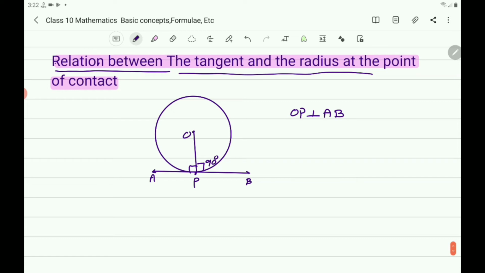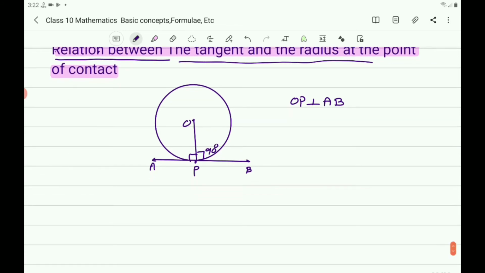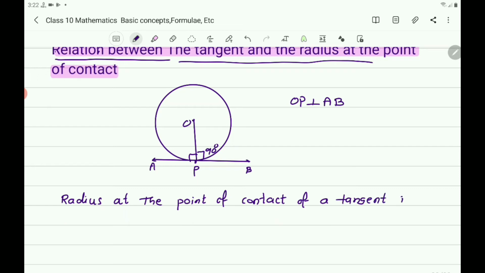So you can say that the radius at the point of contact is perpendicular to the tangent. So write: radius at the point of contact of a tangent is perpendicular to the tangent.